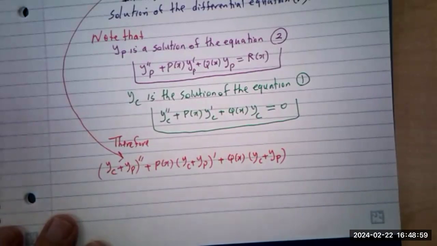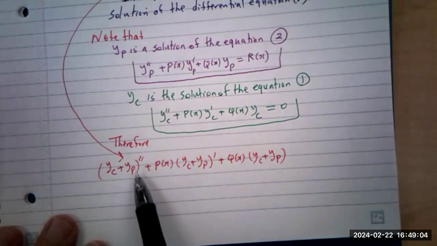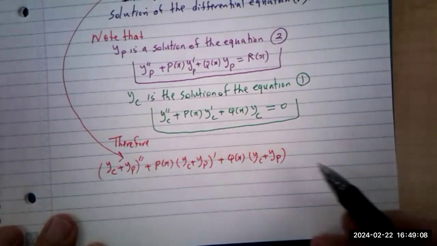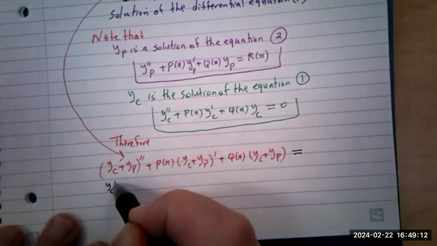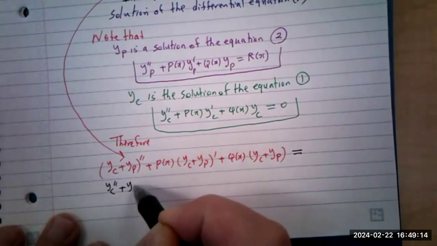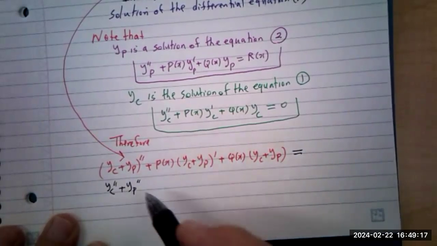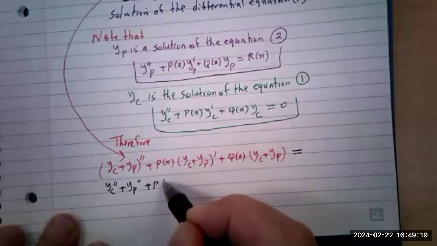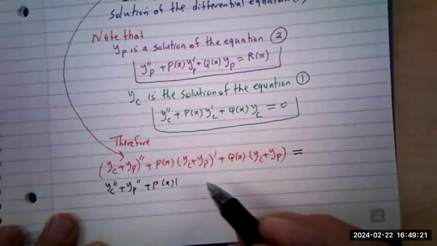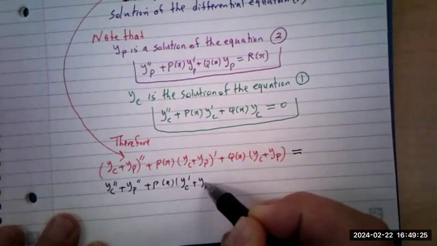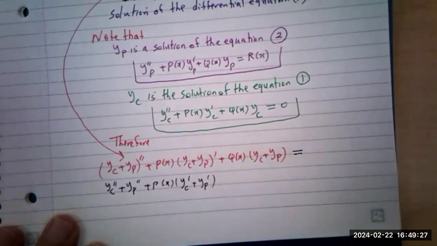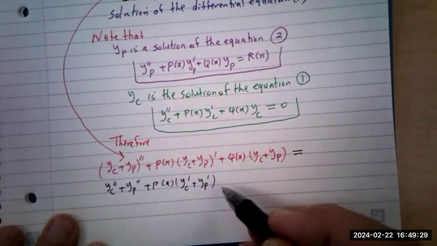So do the algebra. You can just apply the definition. The second derivative is linear, so this is going to be equal to yc double prime plus yp double prime. Over here, this would be plus p of x times yc prime plus yp prime, since the derivative of the sum of two functions is the sum of the derivatives.